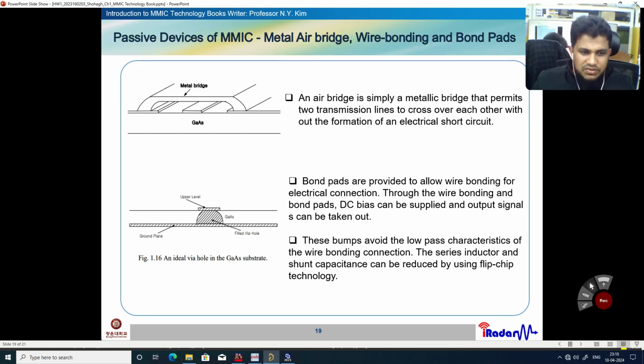These bumps avoid the low pass characteristics of the wire bonding connections. Series inductors and shunt capacitors can also be reduced by using flip chip technology. So this is a metal bridge. This one connects this pad to the pad on another side of the gallium arsenide, and there is a transmission line also there.